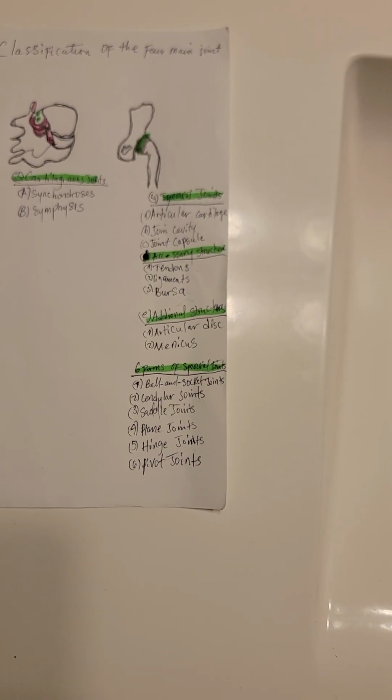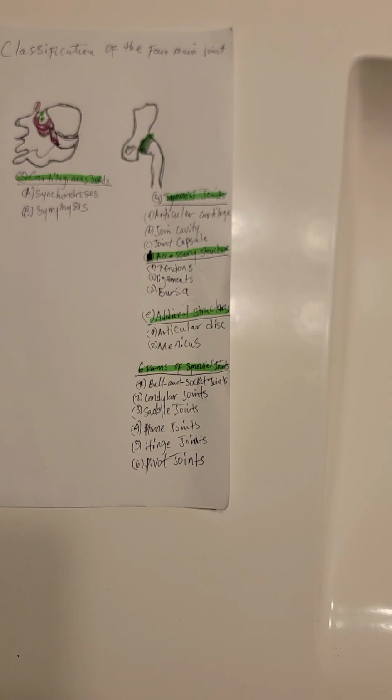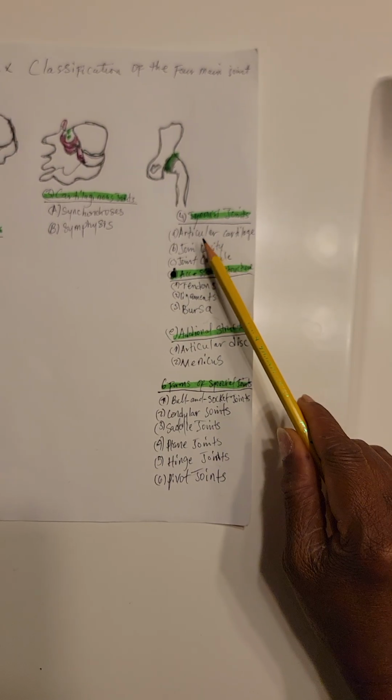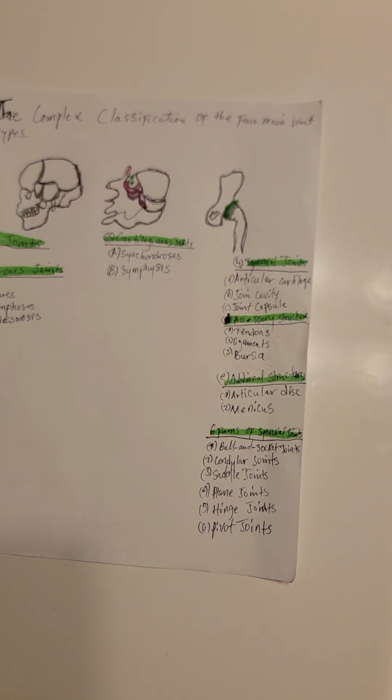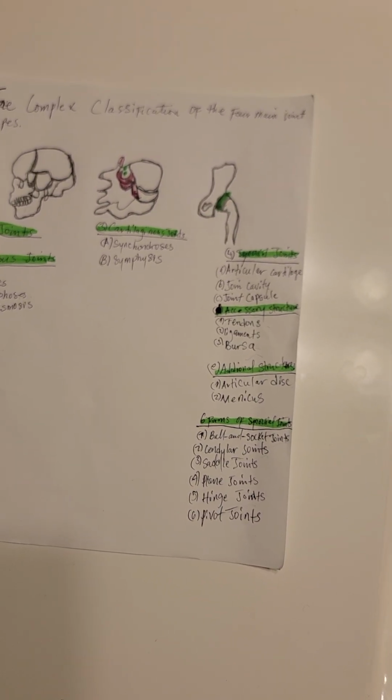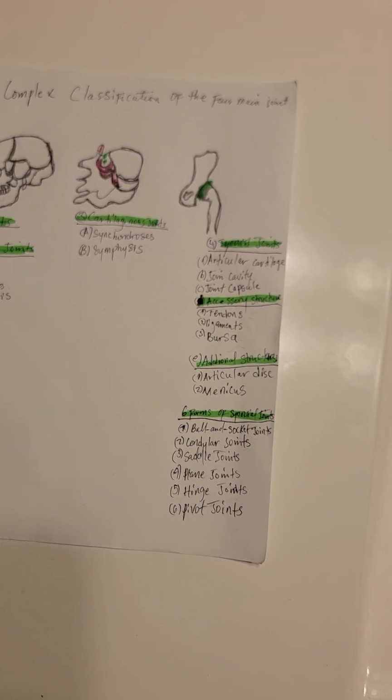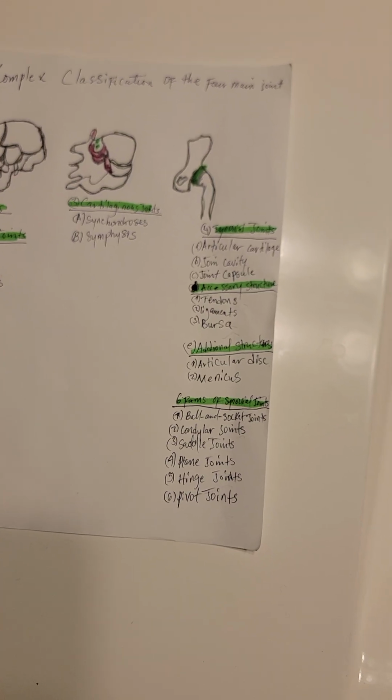Each of the surfaces of the bones has the articular cartilage, which is the articular cartilage that I wrote here, to reduce friction should the bones contact each other.